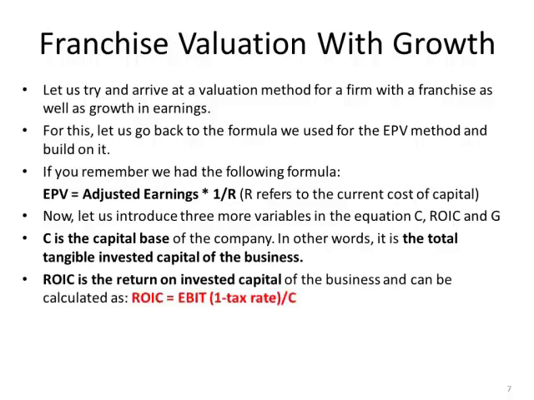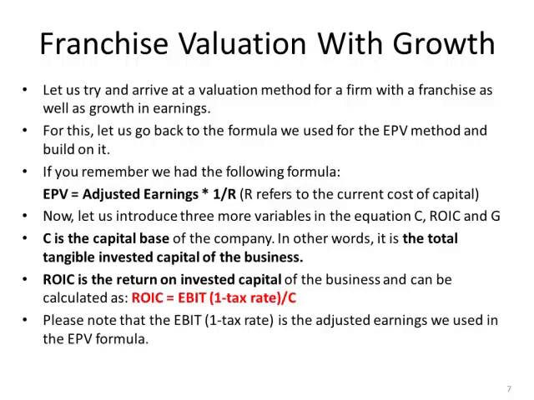ROIC is the return on invested capital. And the way we calculate this is that we take EBIT, which is earnings before interest and taxes, and we adjust it for taxes, so we multiply it by 1 minus the tax rate. Then we divide it by C, the capital base, and this gives us the return on invested capital.